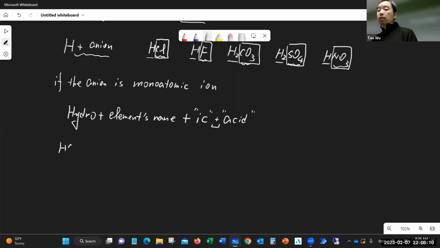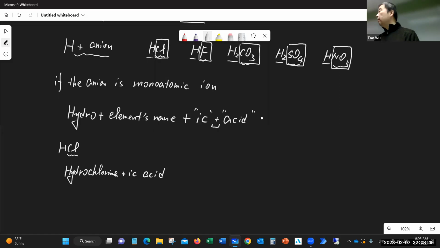So HCl, that's why it's called hydro. The element's name refers to the element other than hydrogen. Here this is chlorine. So you put chlorine there, and then you need to get rid of some of the ending, just like you do in other cases, and plus ic acid.